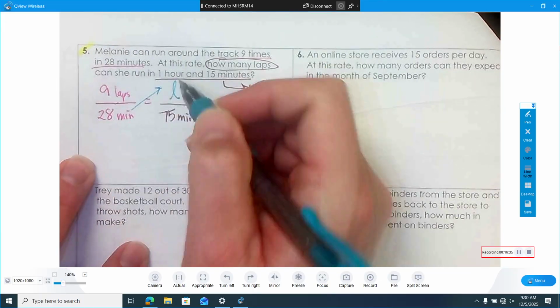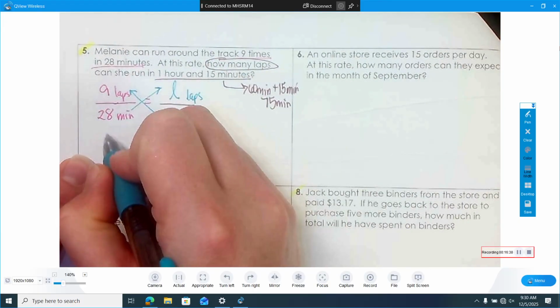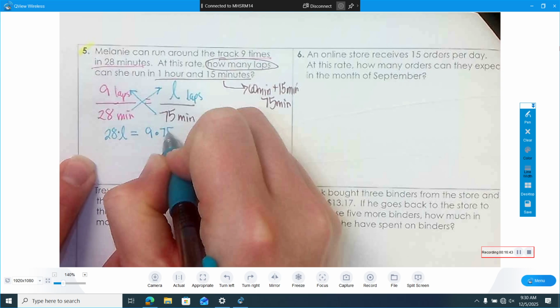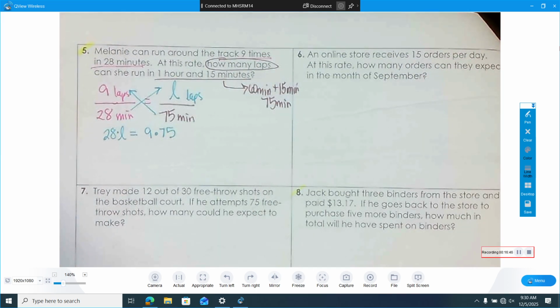Cross multiply to solve. I see lots of people using those calculators, writing stuff down.